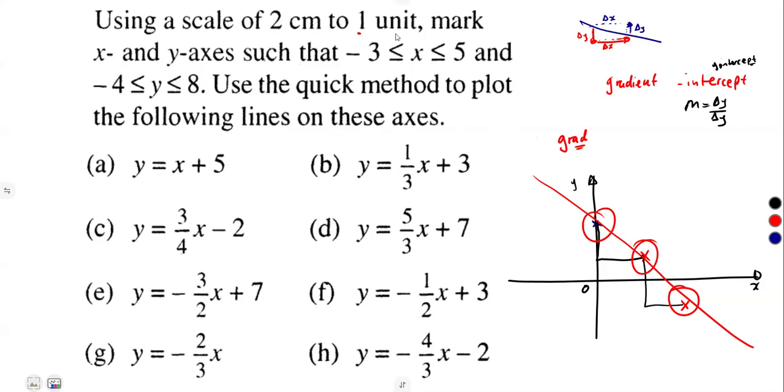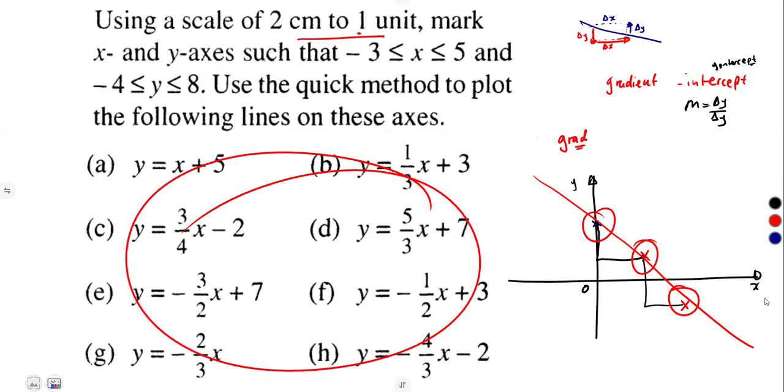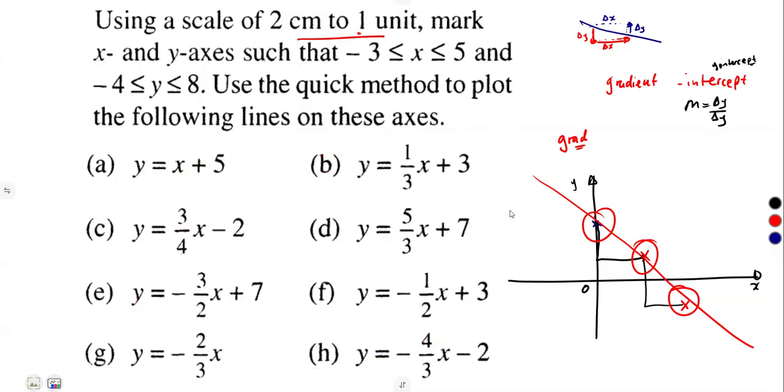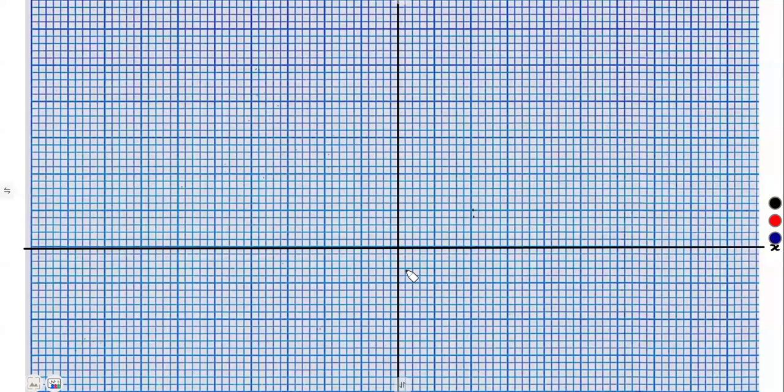Mark the x and y axes, for both axes. I'm just going to exceed these intervals so that we can properly show our method. In an exam, they will give you an interval which can carry all the graphs that you're going to have. But 2 centimeters is representing 1 unit on both axes.